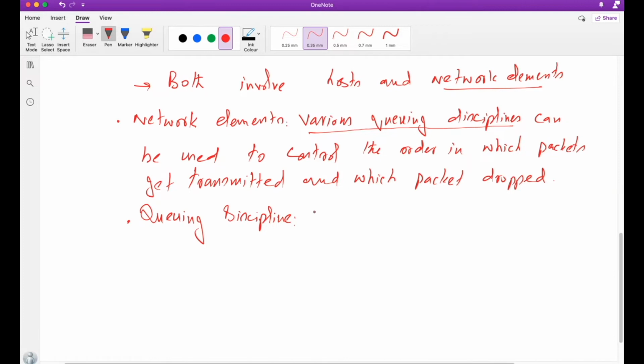So that's why we are interested in it. We don't want one flow to affect the allocation or the transmission of the other flow. That's why we want to discuss queuing disciplines or queuing algorithms.